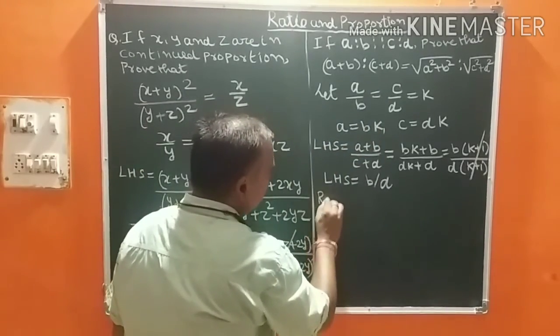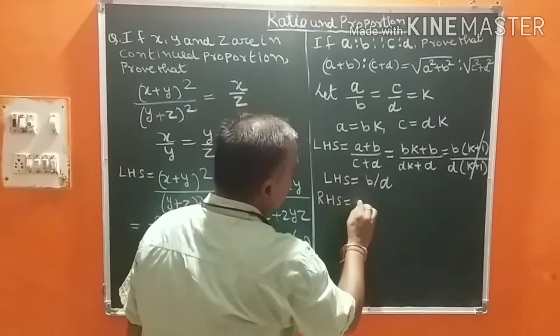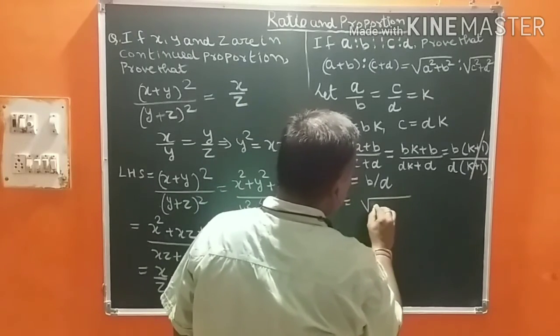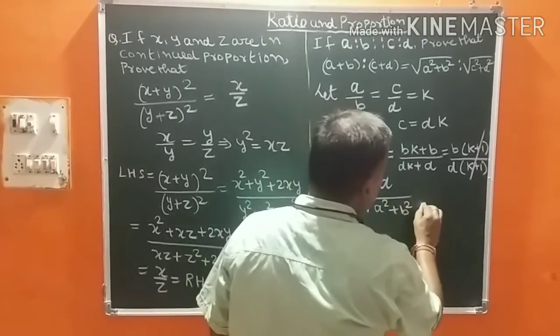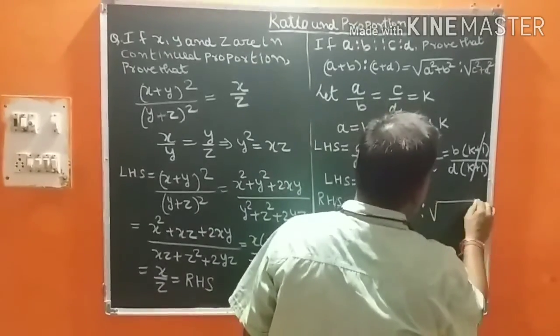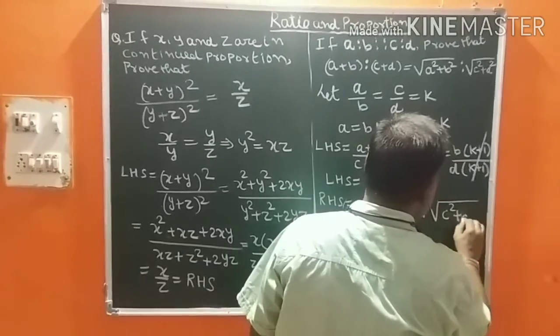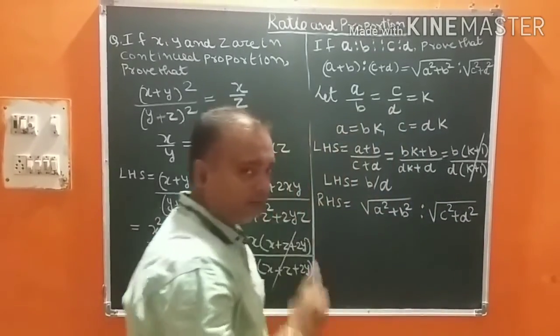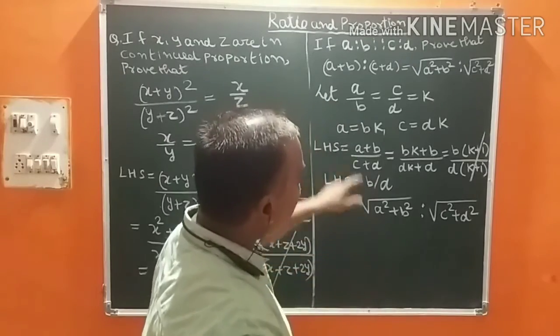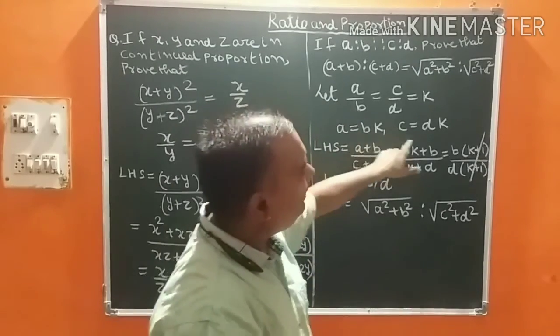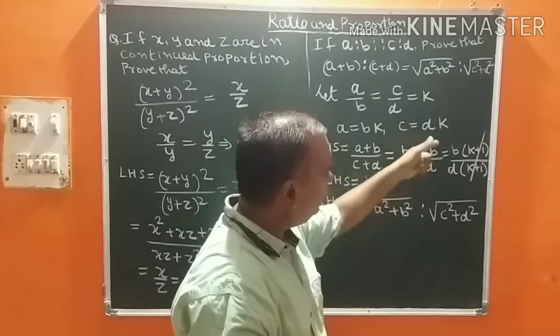So the RHS is under root a square plus b square upon under root c square plus d square. So in place of a I will put bk and in place of c I will put dk.